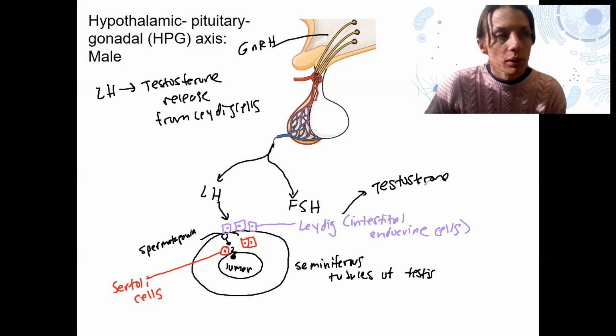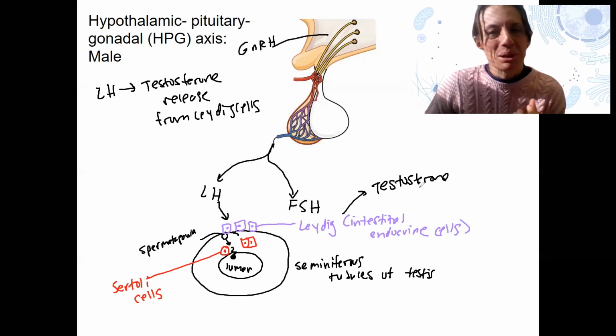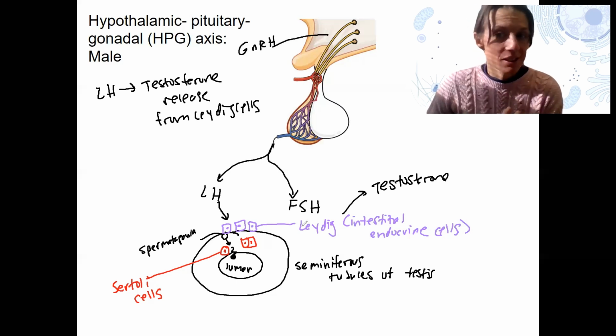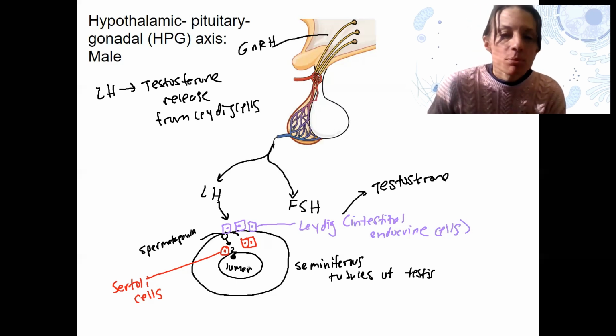Follicle stimulating hormone, so think follicle, that's like a thing that supports something. When we get to female anatomy, this name will be even more clear. Female eggs develop in a follicle. So the male equivalent to egg development is sperm development. These supporting cells are kind of similar to the female follicle, supporting cells.